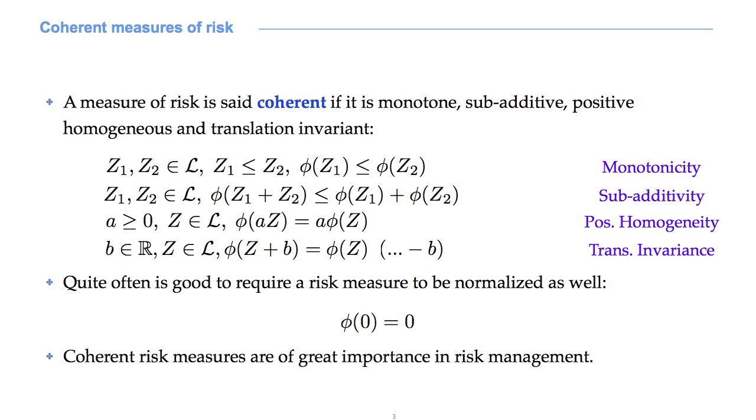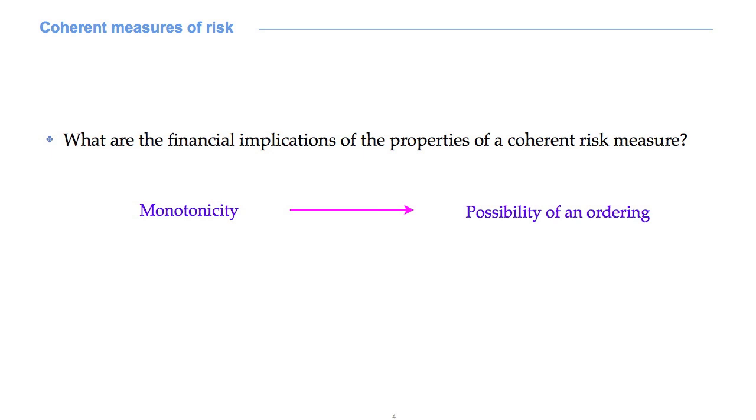But what are the economic interpretations of these properties? Monotonicity tells us that it is always possible to have an ordering of losses and of their risk profiles. Subadditivity guarantees that our coherent risk measure is in favor of diversification of risk.